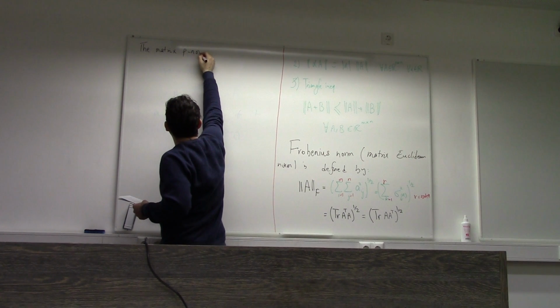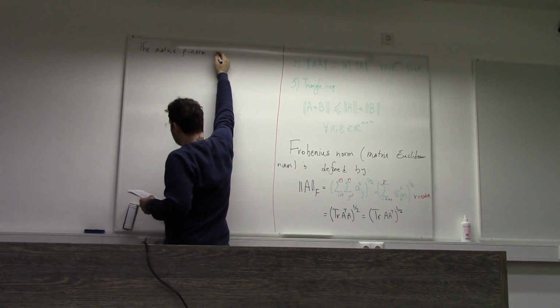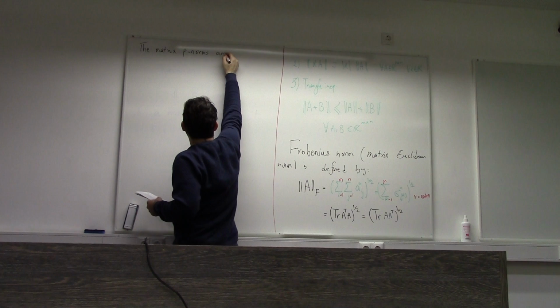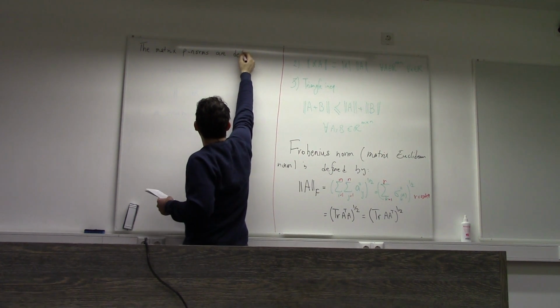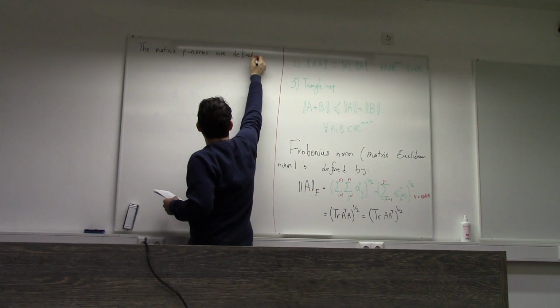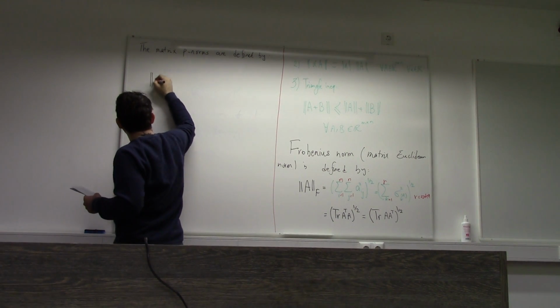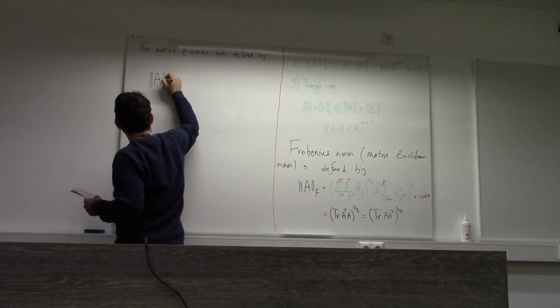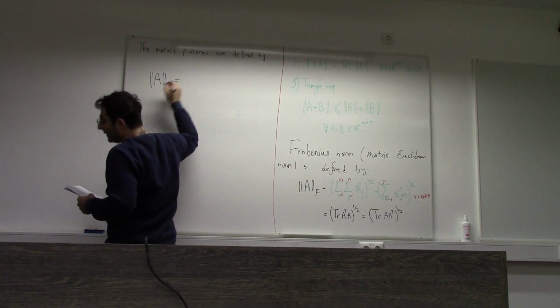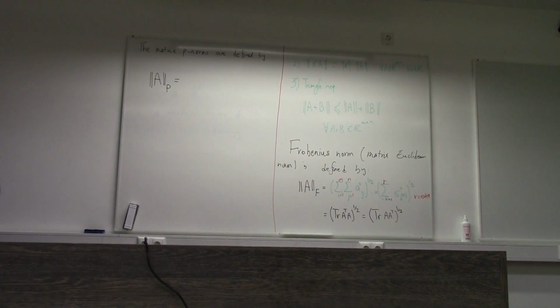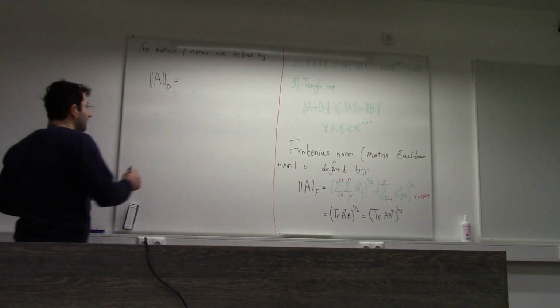P norms are defined by, and this is a definition which we saw at the beginning of the semester in the first chapter when we were talking about norm 2, but in a more general form.